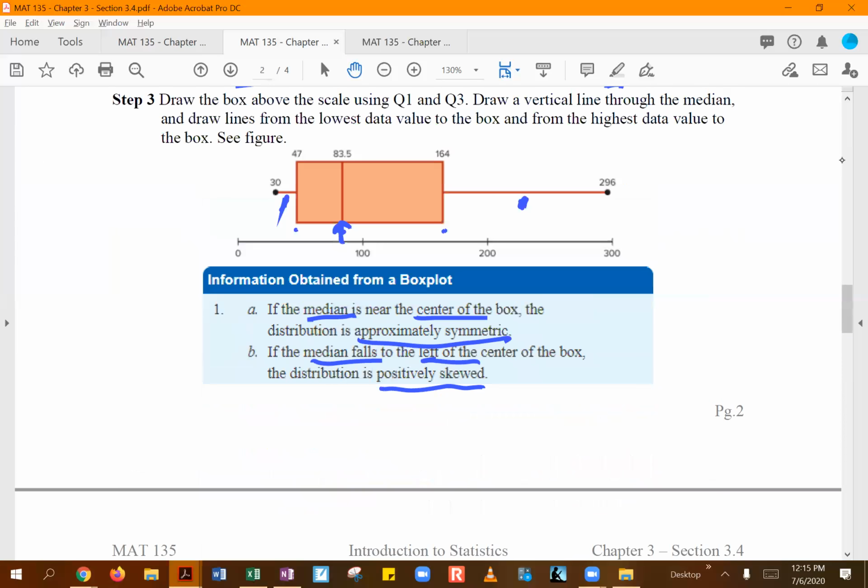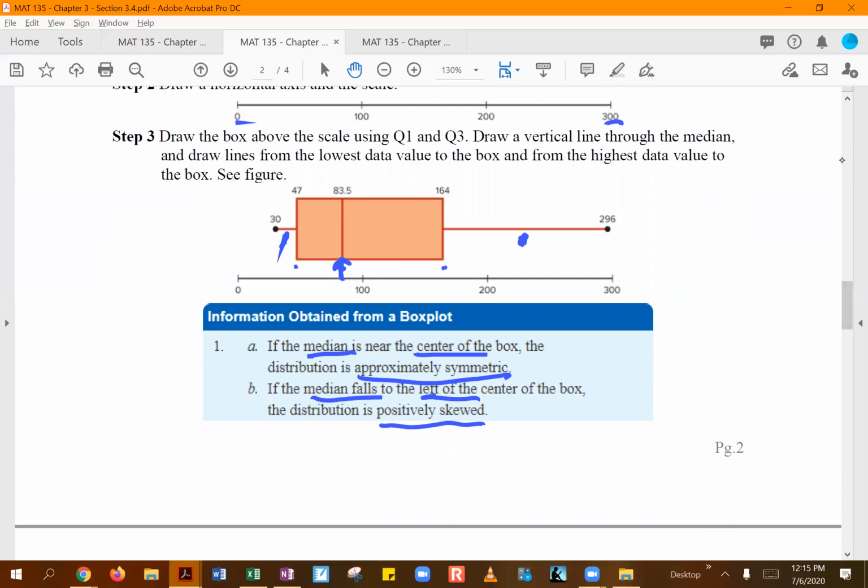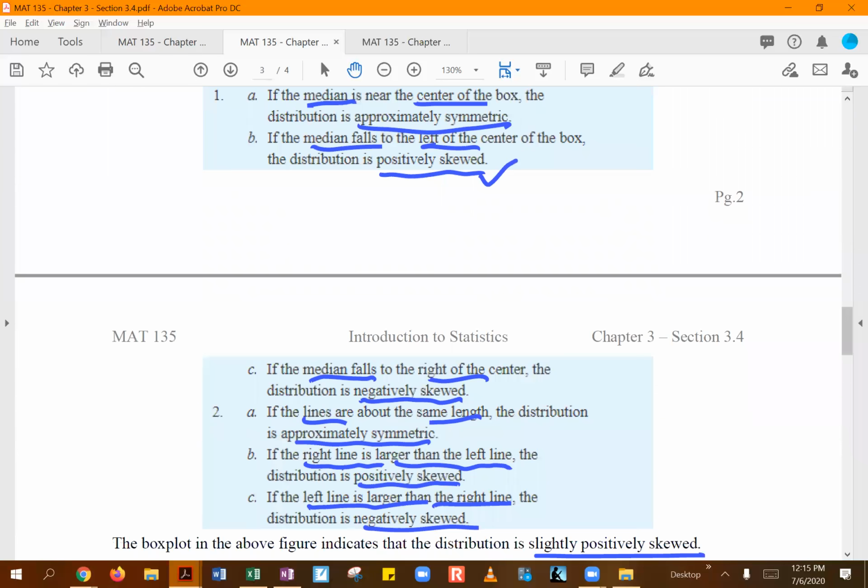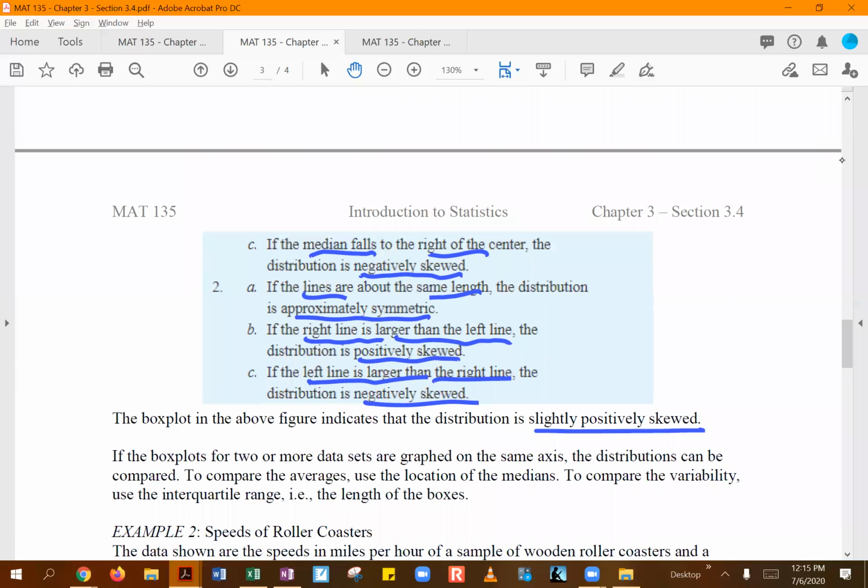So let's verify that. Our line for the median at 83.5 is towards the left of the center of the box. So of course that is telling us positively skewed. Our horizontal line on the right is longer than the line on the left, which is also telling us it's positively skewed.